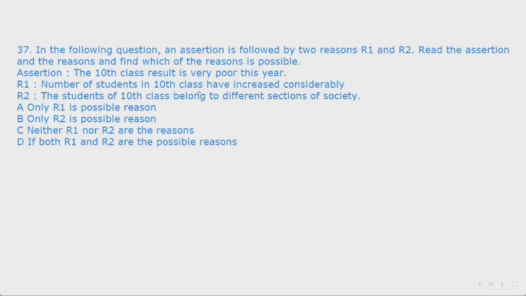So if the number of students in any class increases, is it linked in any way to the very poor result of that class? So no. R1 is not a correct reason for the assertion.